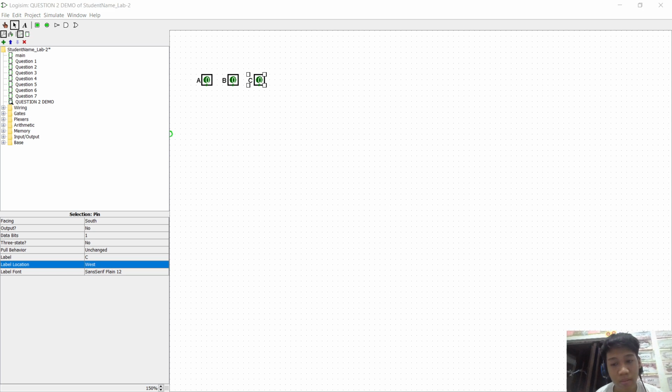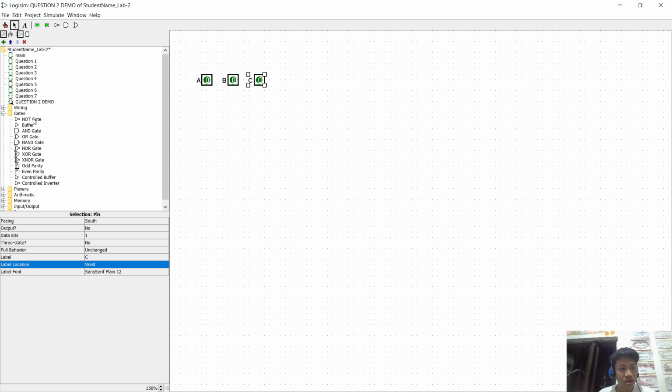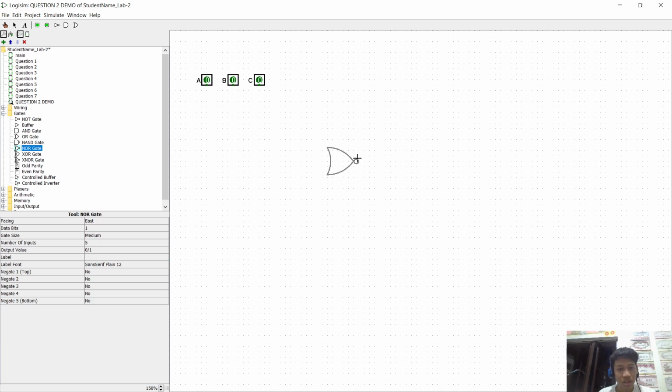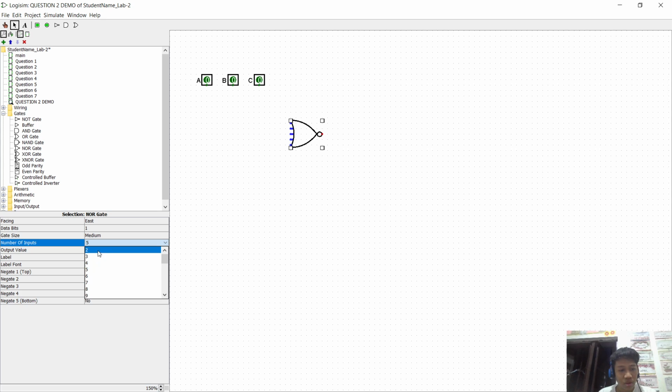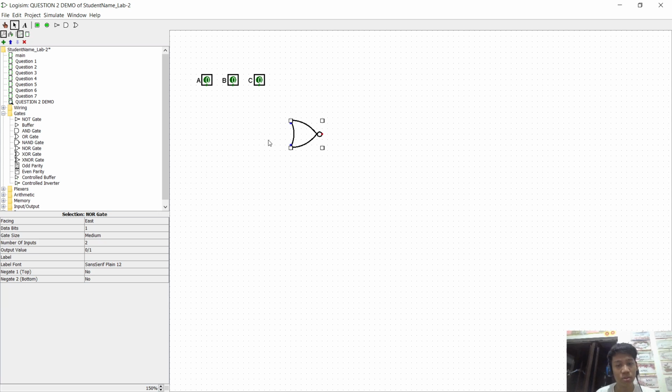Starting off, we will be making a NOR gate which will be placed here. Since we will be only using two inputs, make the number of inputs two. And then copy paste for convenience.